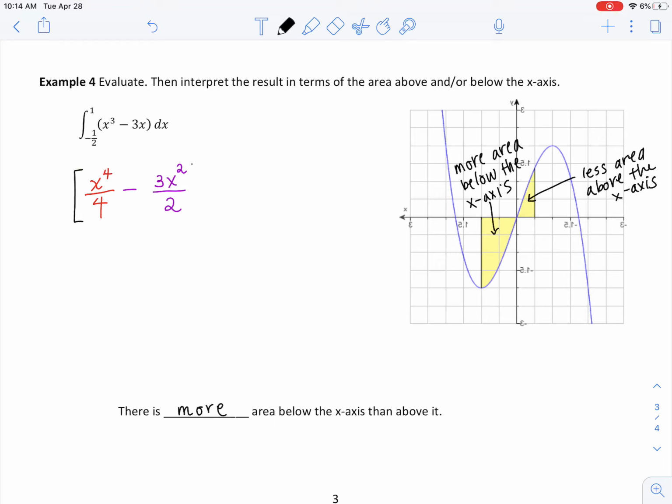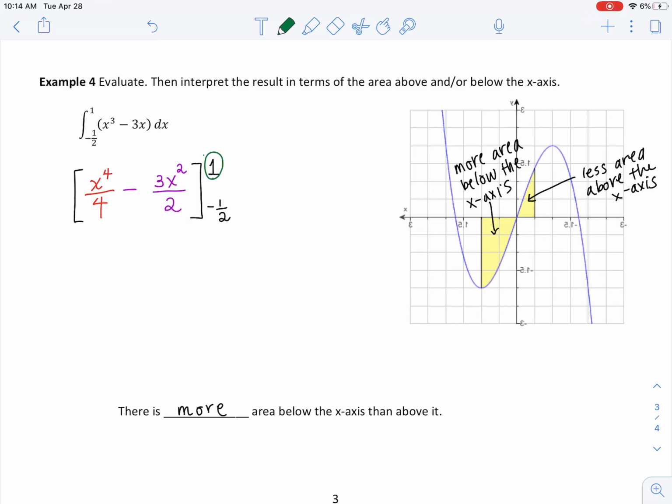Remember the notation, we draw the square looking brackets around, and then you put the upper bound on the top corner and the lower bound over here. What we are going to do is plug in 1 and -1/2, and just subtract those two answers. Ready?